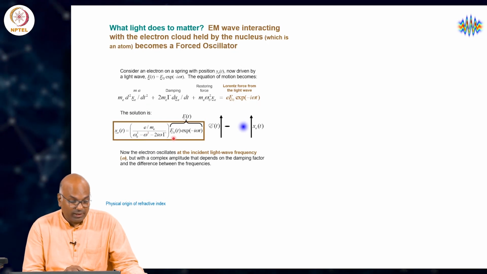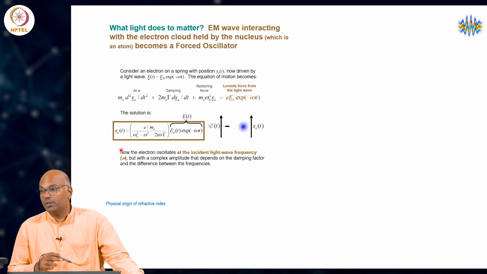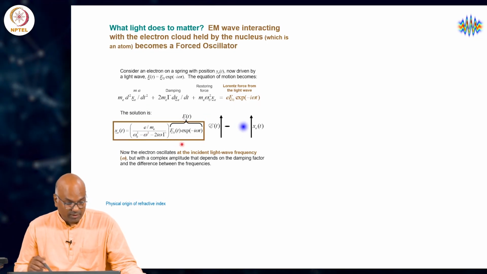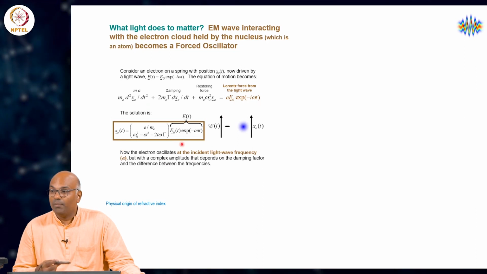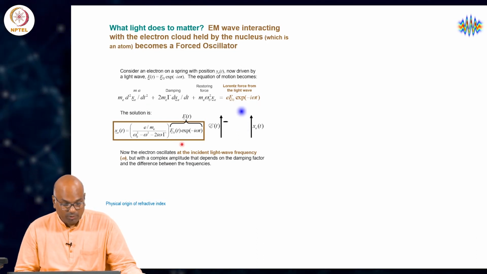Remember that both the electric field E of t and this displacement are real quantities, okay. But then we are using a complex notation and hence these are complex. So, this means both amplitudes and phases are involved and play an important role, right.